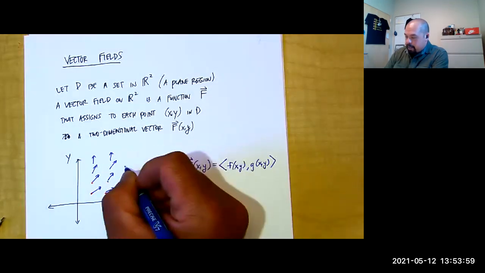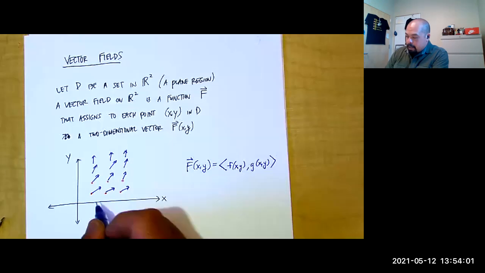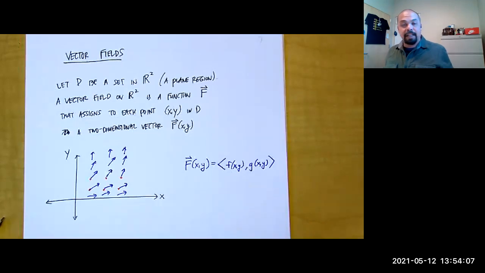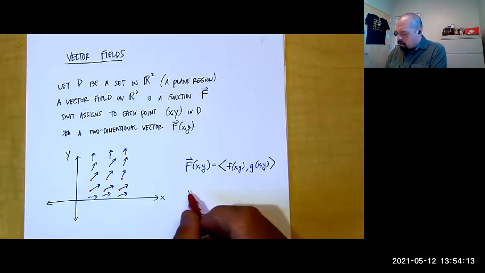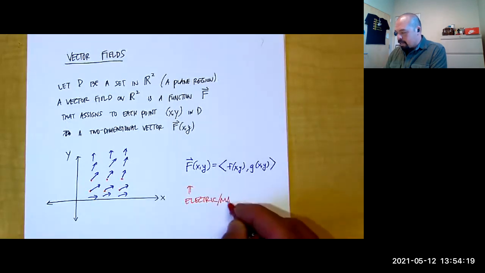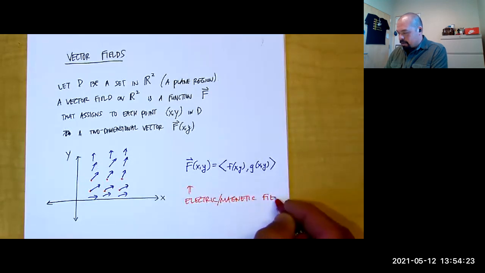And so as we go through, we start to get these ideas about maybe what this vector valued function is. So at every point, we get this vector. And we can think of these vector fields, right? Think of this kind of like an electric, magnetic field, right?